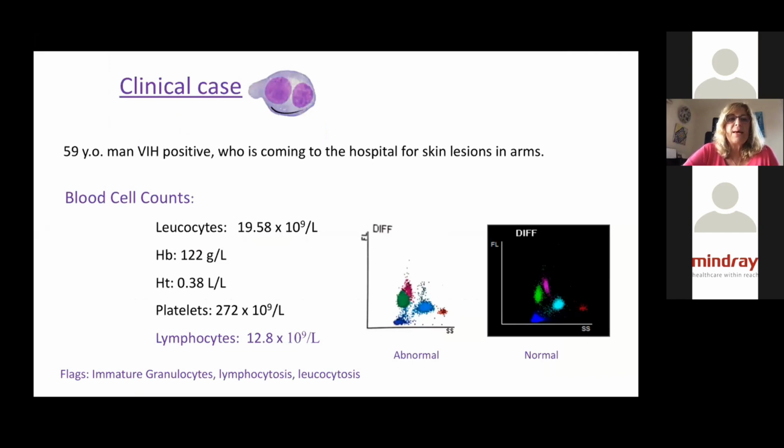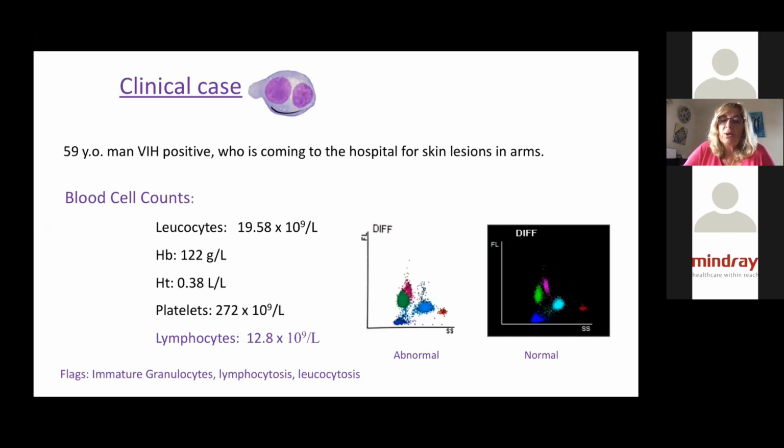Next case is a 59 years old man. He was positive for HIV and is coming to the hospital for skin lesions in the arms. The blood cell counts showed normal leukocytes, normal hemoglobin, normal platelets, but a high number of lymphocytes, 12.8 10 to the 9th.